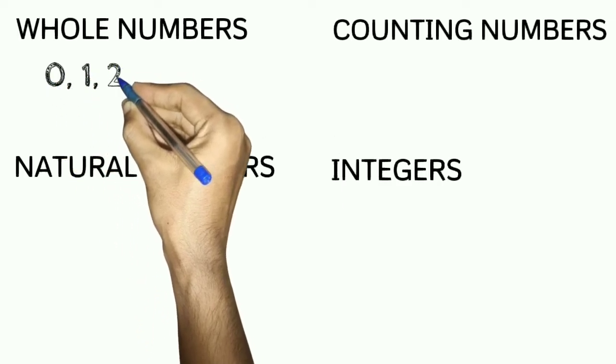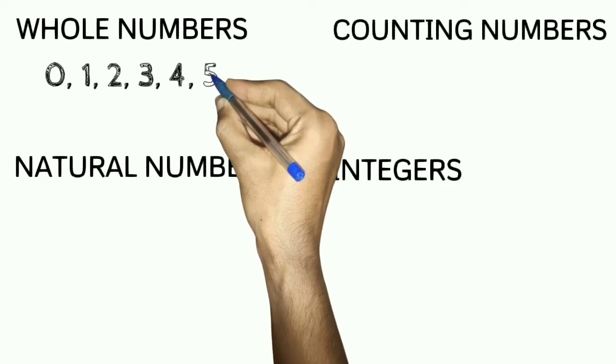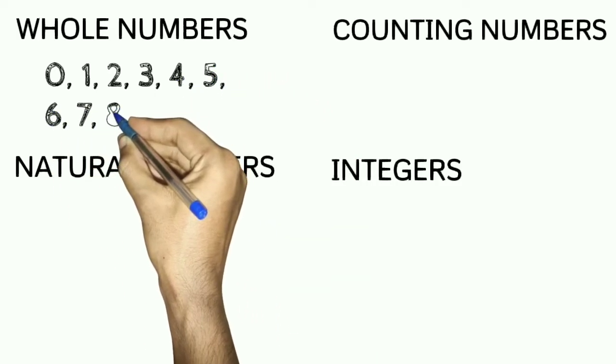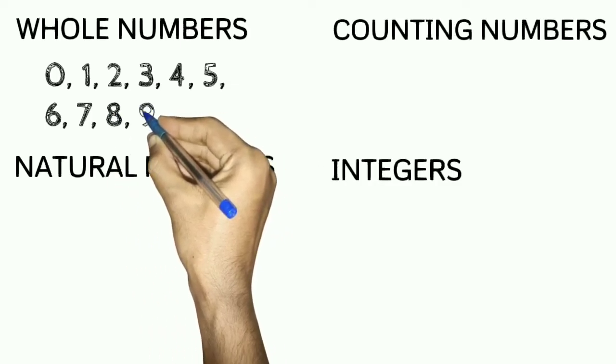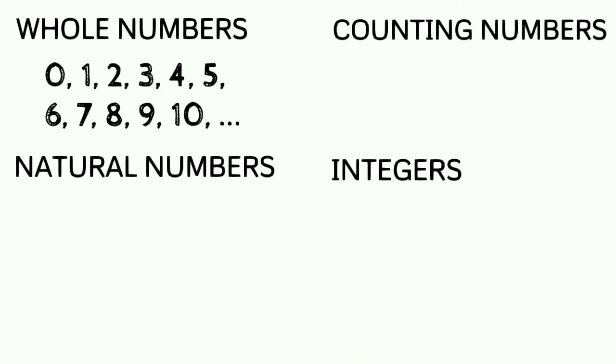Let's first discuss whole numbers. Pag sinabi natin whole numbers, these are simply the numbers 0, 1, 2, 3, 4, 5, 6, 7, 8, 9, 10, and so on. Counting numbers are whole numbers but without the zero.